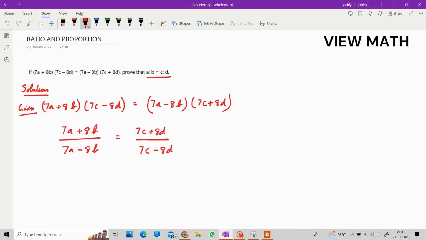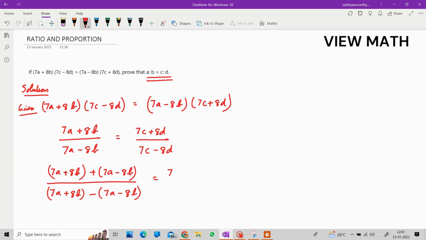Now I'm going to simplify this and show that a is to b is equal to c is to d. Now I'm going to apply the componendo and dividendo property on both sides. So I'll be getting (7a + 8b + 7a − 8b) divided by (7a + 8b − (7a − 8b)).